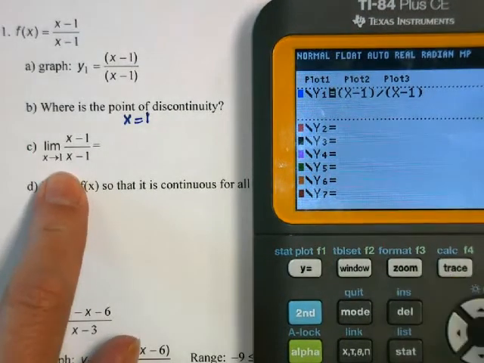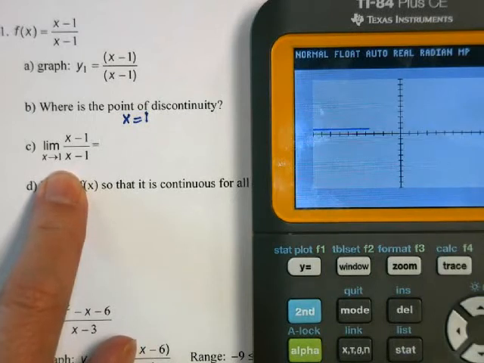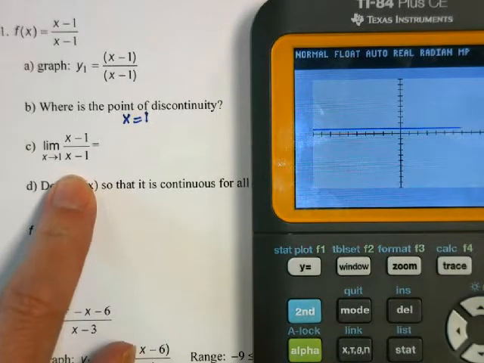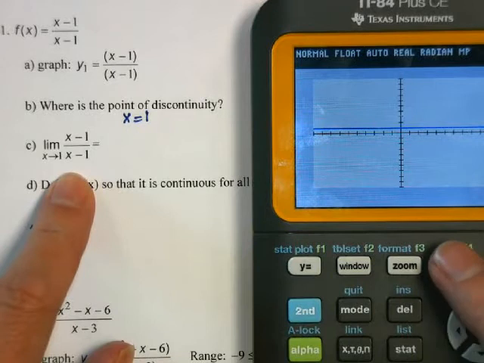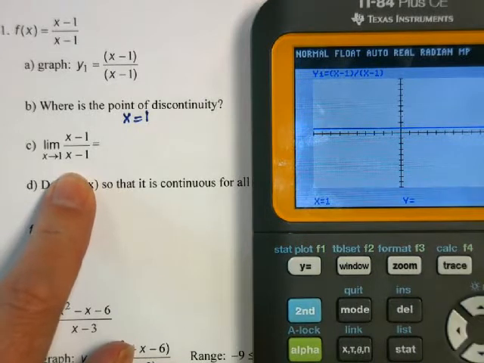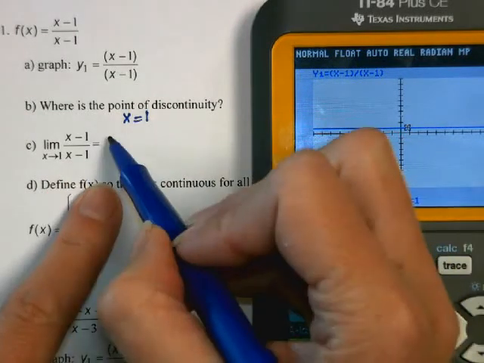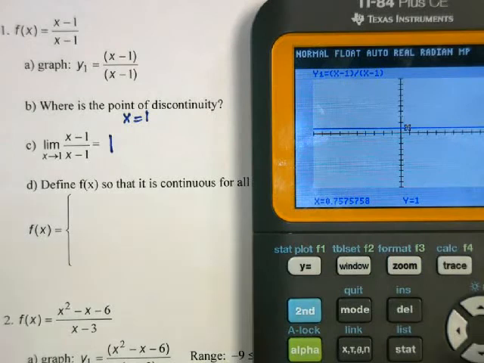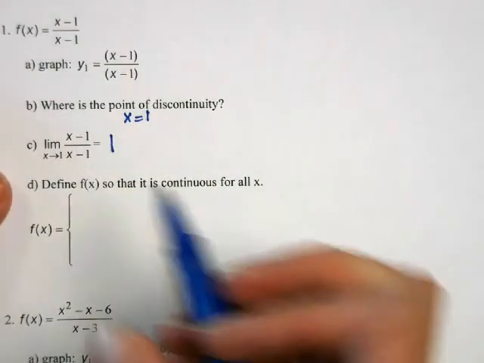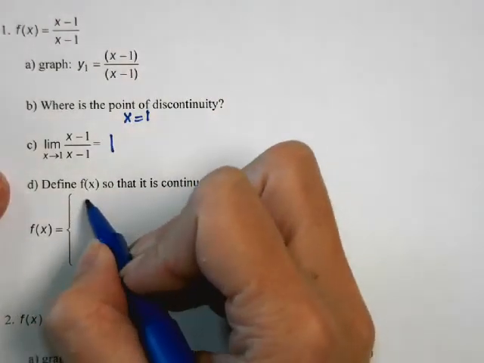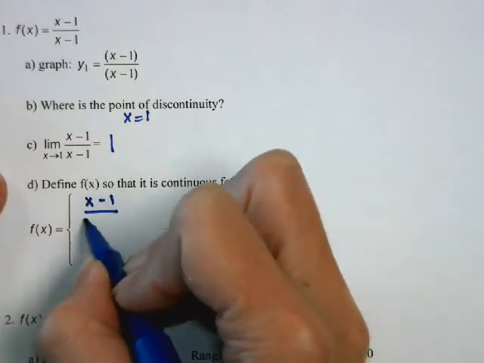So now we're going to look at what the limit is as we approach 1. So I'll trace to 1. And it's undefined, but if I go to the left and to the right, we're going to 1. So I can redefine this using a piecewise. So I'm going to say this is fine.